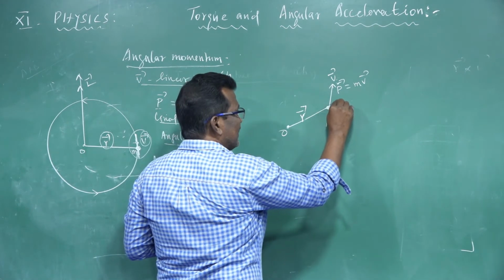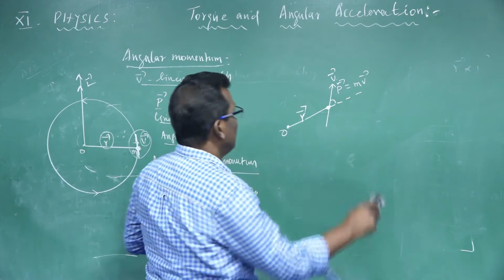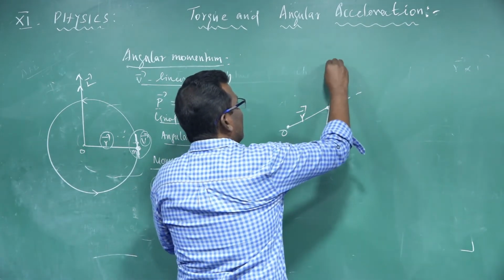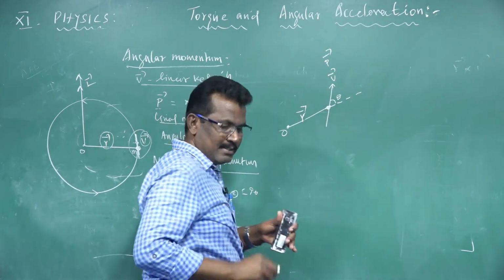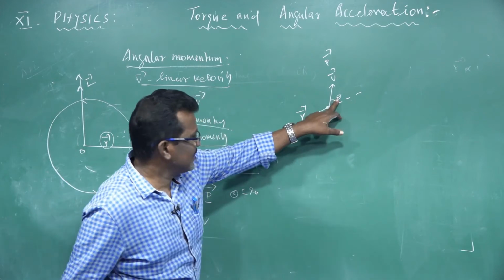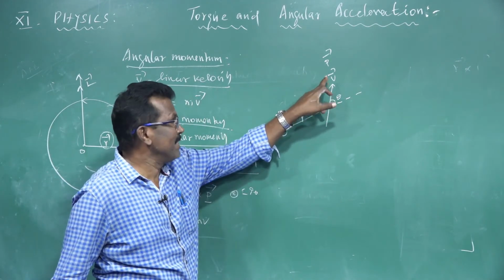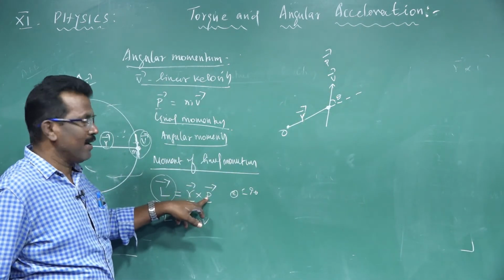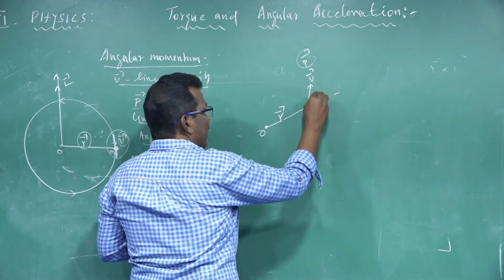This is theta. Theta represents the angle between the r vector and the momentum p.